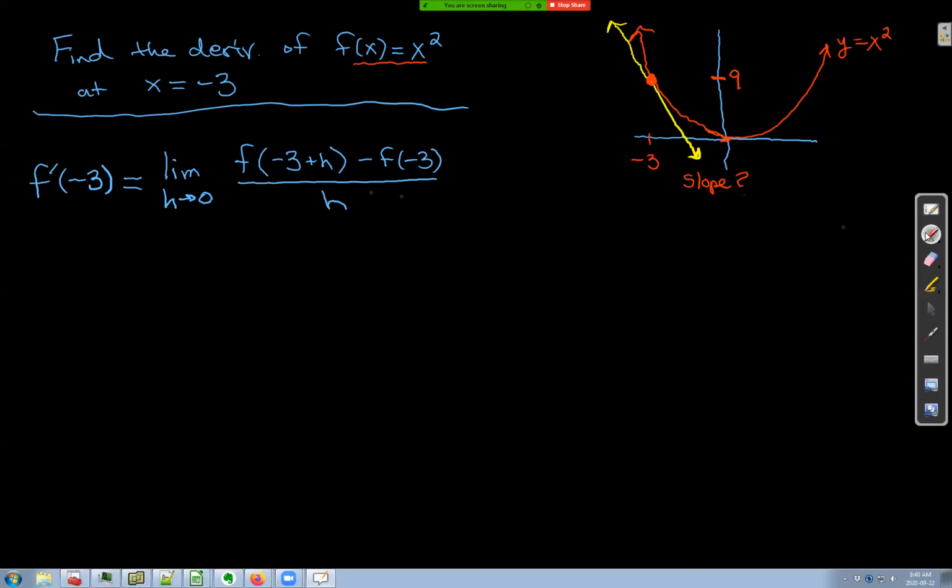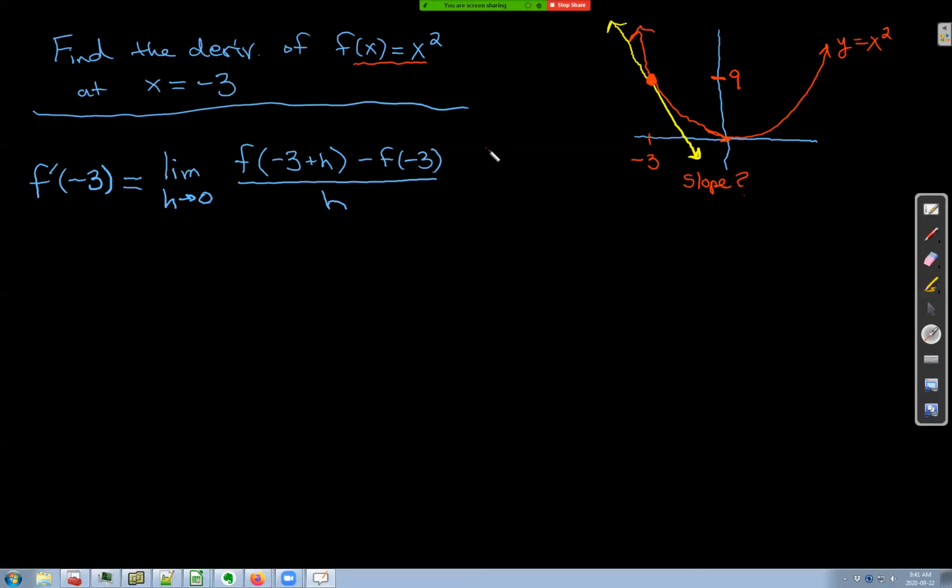The idea here is that since we were finding the derivative at the specific number negative 3, negative 3 is what gets plugged into the formula for the derivative. This is why it's important to look at examples.